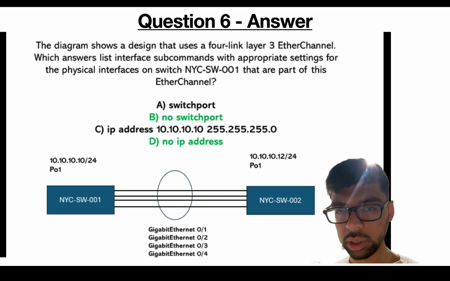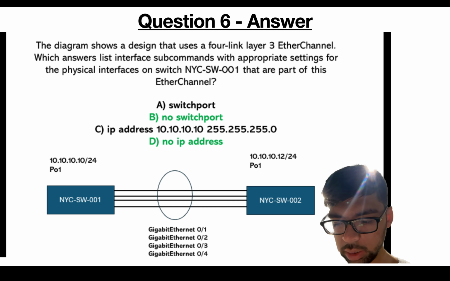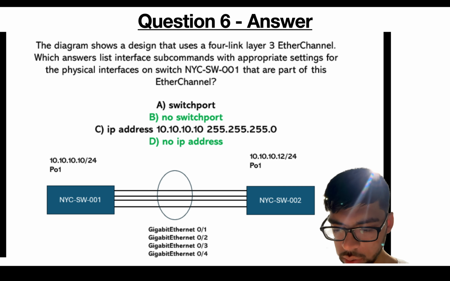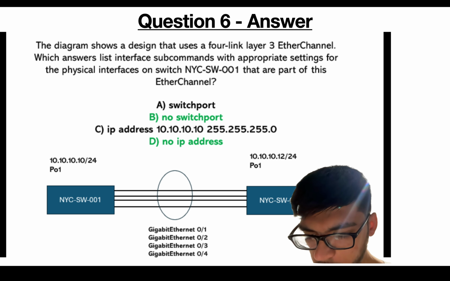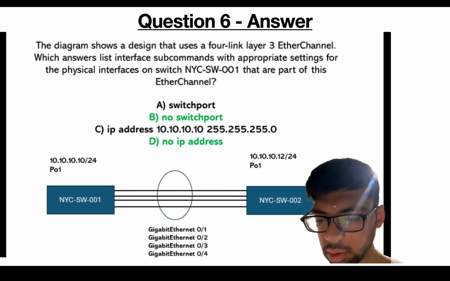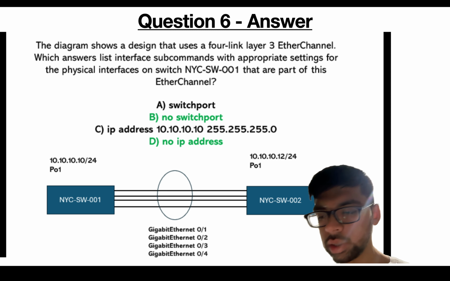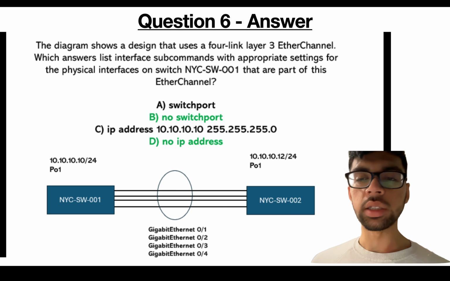So those were the correct answers, B and D. Okay, so just a little bit about no IP address. We've got to remember that IOS adds the no IP address command to the interface when the no switch port command is configured on the interface.